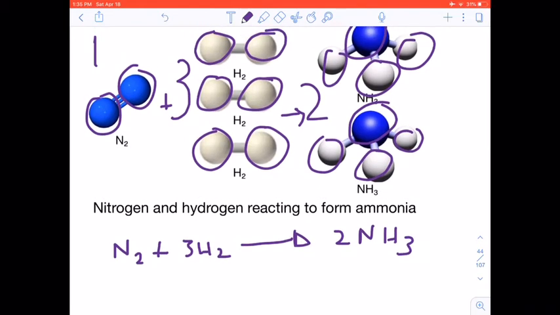Symbolically, 1 particle of N2 plus 3 particles of H2 gives me 2 particles of NH3.